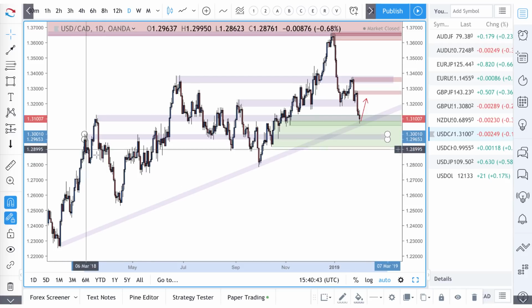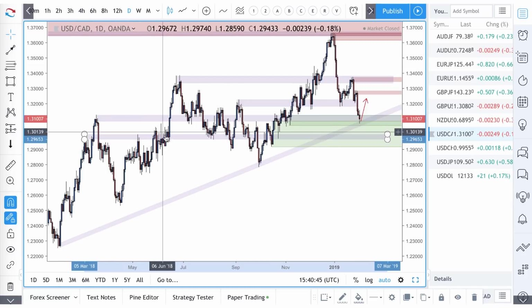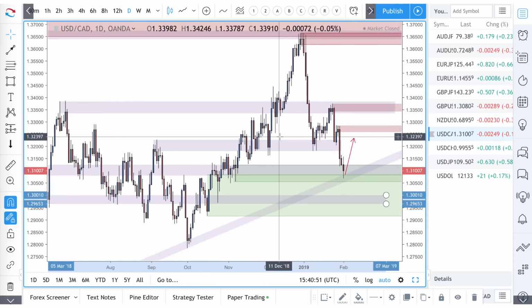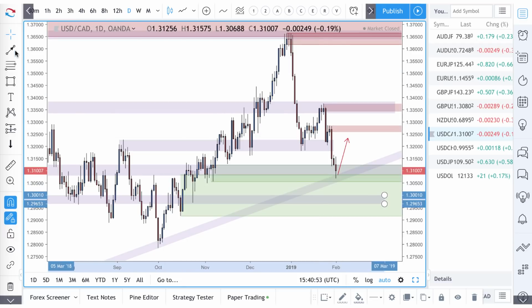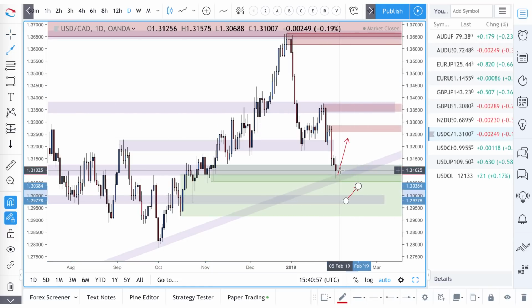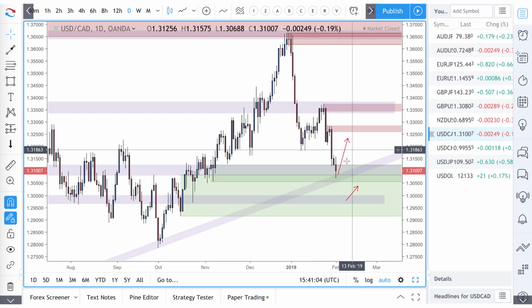So we've got resistance, a bit of support, resistance. If this immediate area fails, then I'd look to buy right here, if I'm looking to buy this currency pair.